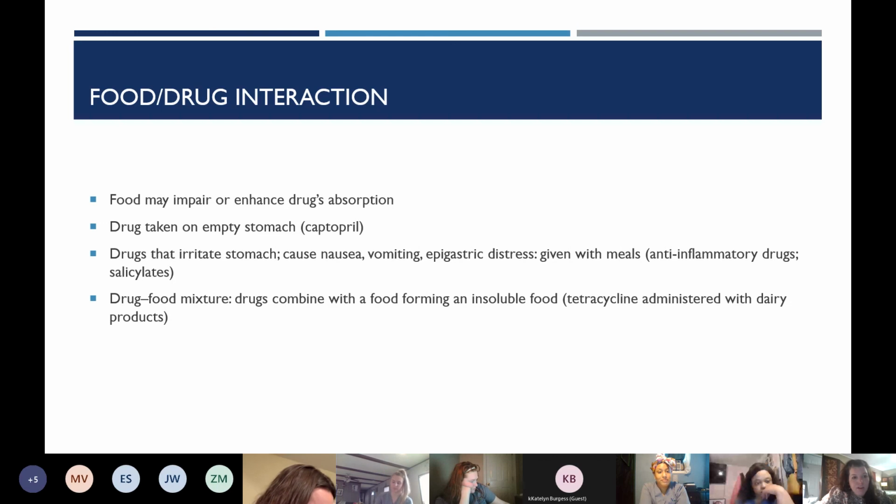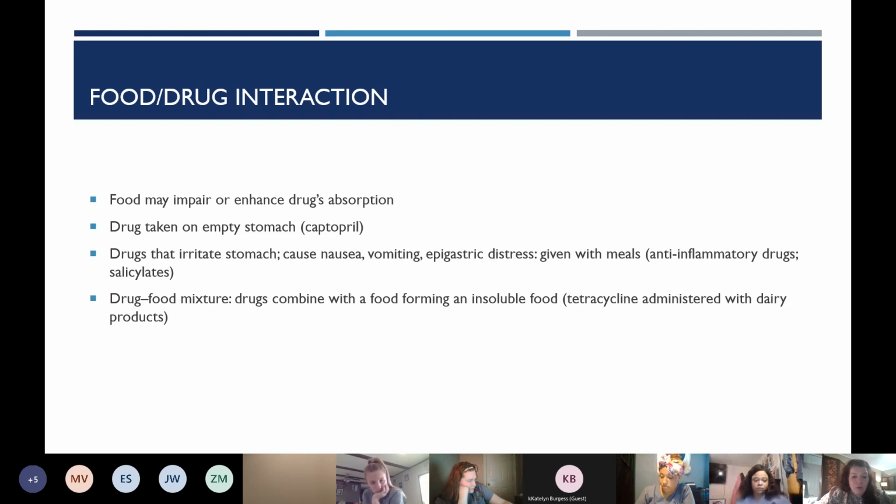And that's what this page is about. Food may impair or enhance a drug's absorption. One of the hardest things for me to remember in pharmacology is what drugs should be taken with food, what drugs should be taken without food, what drugs should be taken on an empty stomach, all of that stuff.